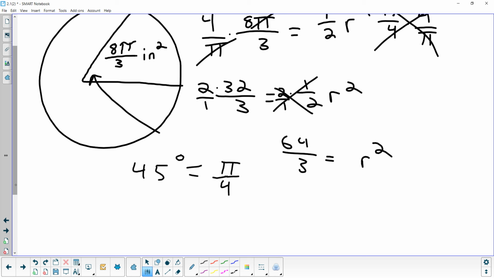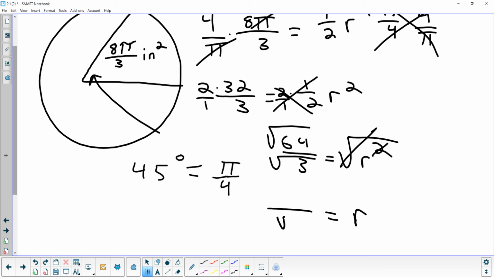We have to do something different. Square root, exactly. And when you have a fraction, the way you square root it, you do the top and you do the bottom separate. When we square and square root, they cancel. So now we have r.